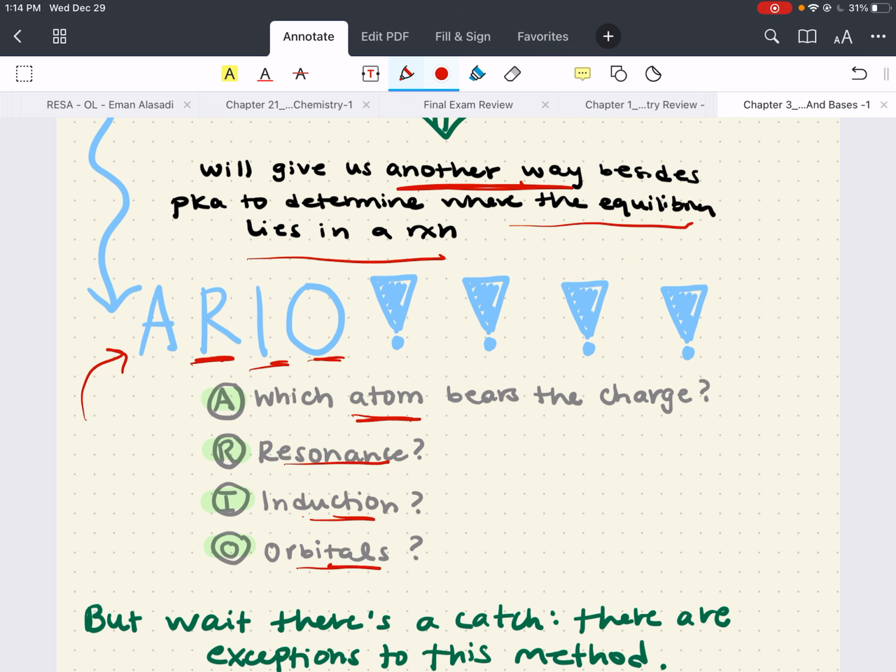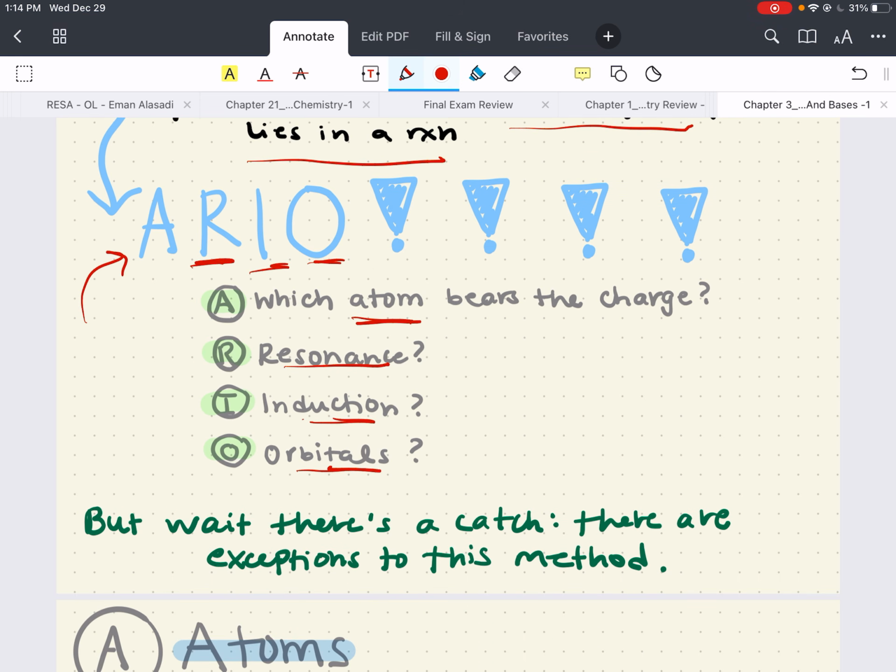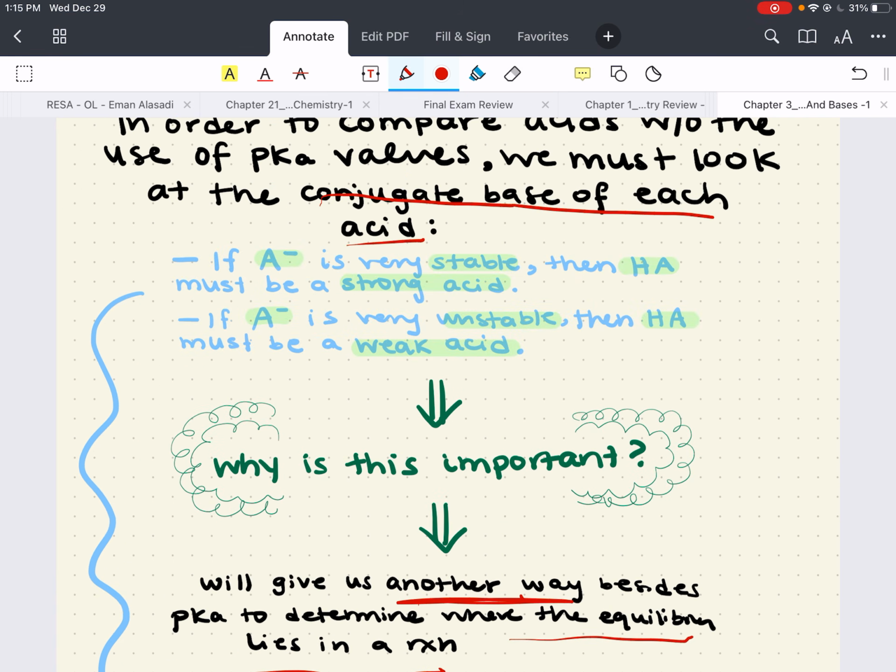In determining which of two acids is more acidic, if you don't remember the pKa values, you can deprotonate each acid and then ask yourself these 4 questions to help you determine which is a more stable base. If you know which deprotonated acid is more stable, then you can tell which acid, when protonated, is a strong acid or a weak acid.